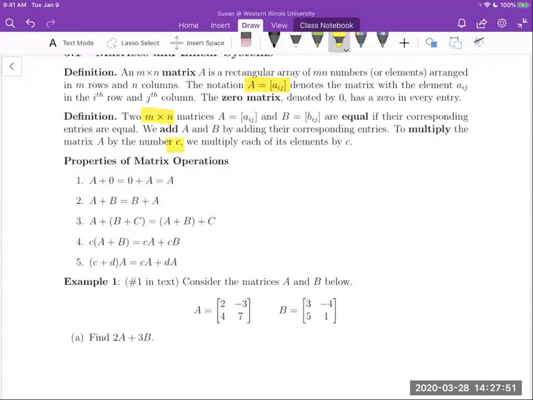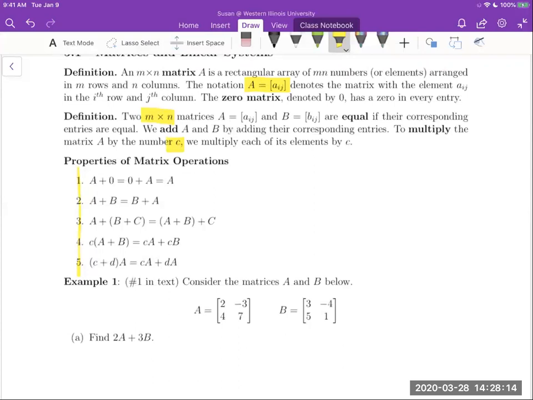To multiply a matrix by just some scalar number C, we just take every single element and scale it by that value C. So then we have various properties here for matrices. If you take the matrix A and add 0 to it everywhere, you get A back itself. Matrix addition is commutative, and that should make sense because adding 2 matrices is just adding each corresponding entry. And since the real numbers are commutative under addition, so are matrices.